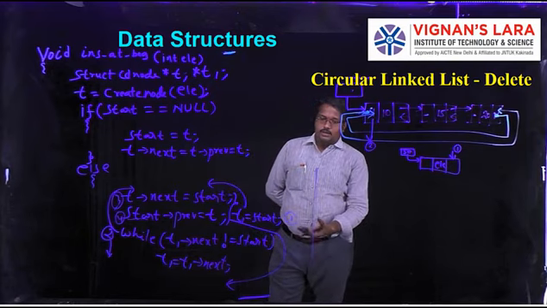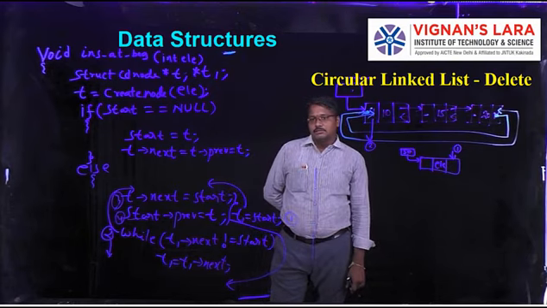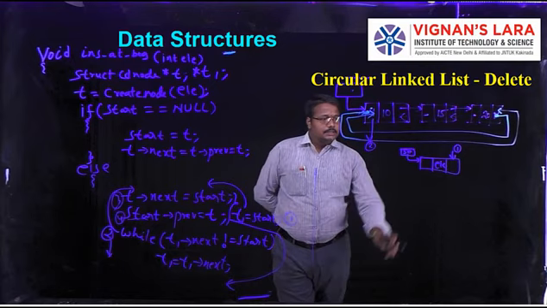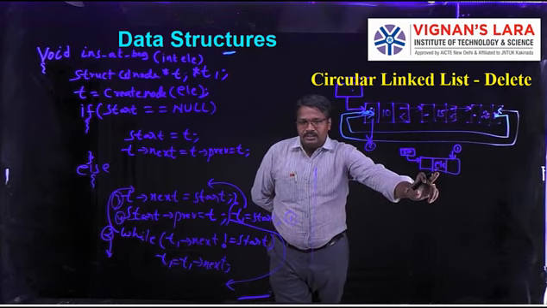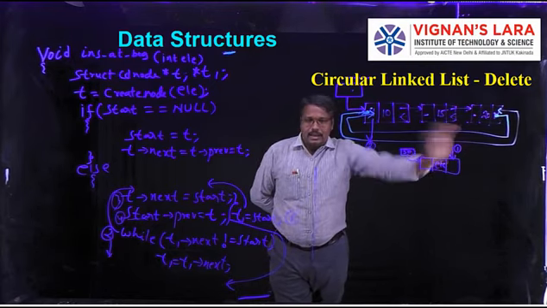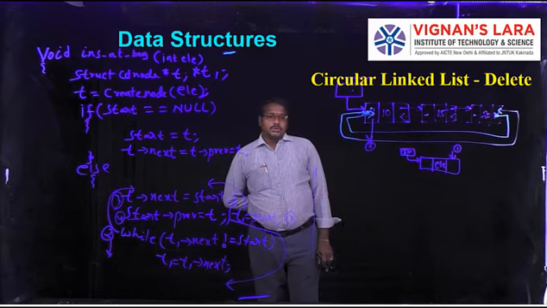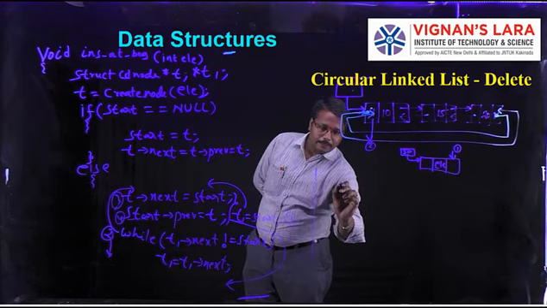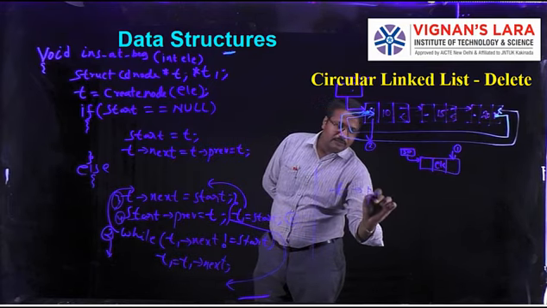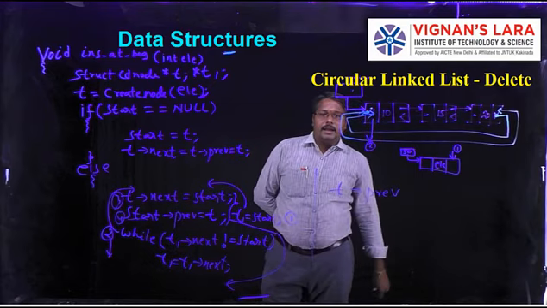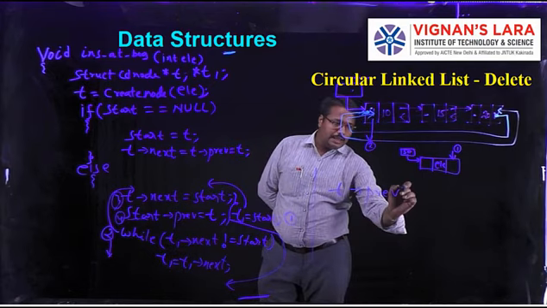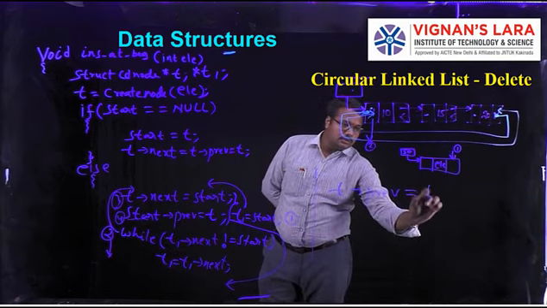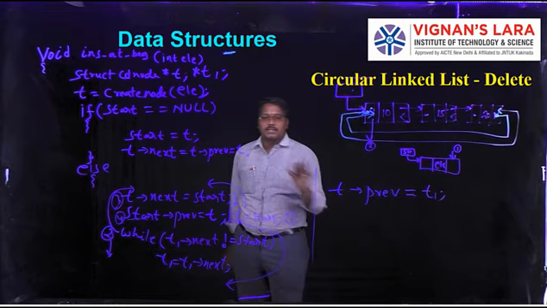After that, what I have to do? Right now I have the last node address in T1. Presently this is the first node address. The first node's previous node is the last node. So how to access this location is very simple: T of previous is equal to T1, means last node.